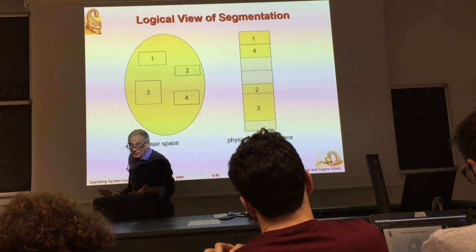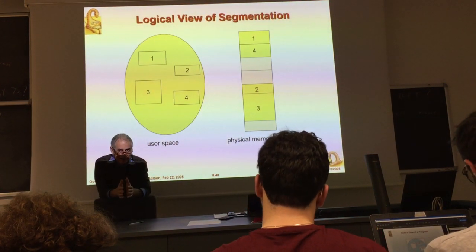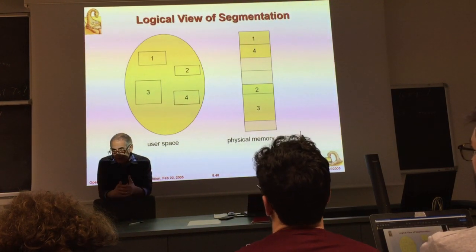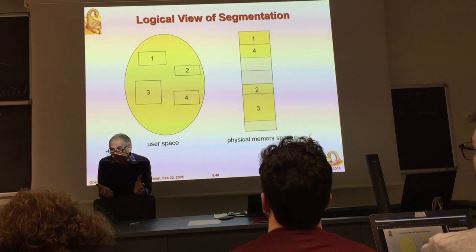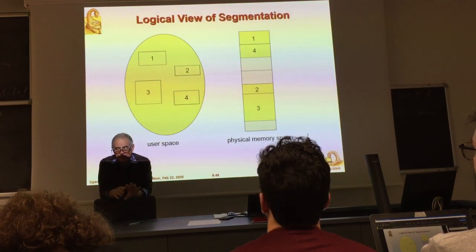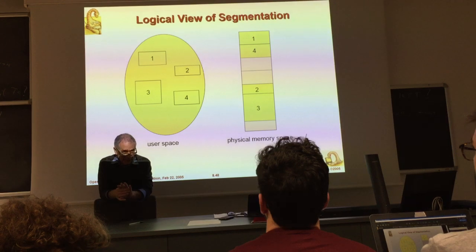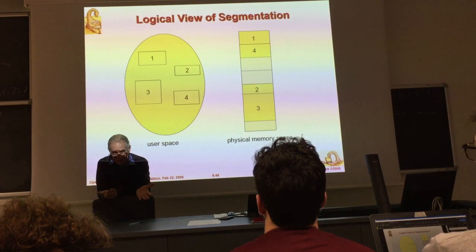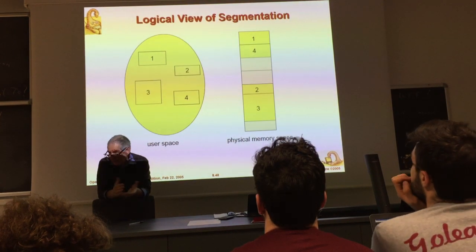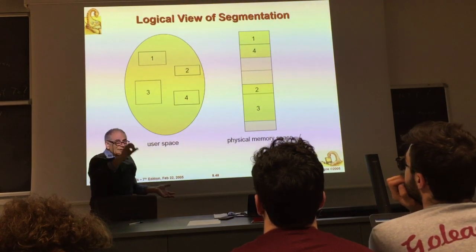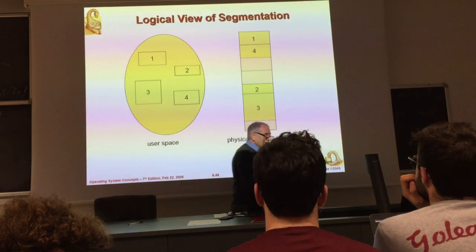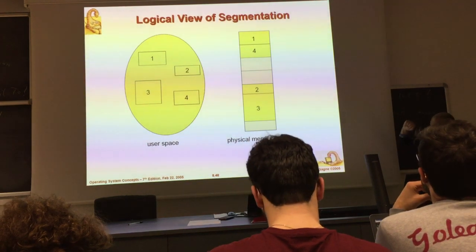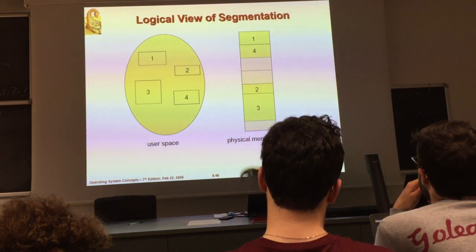But the problem is that the segments have a variable dimension, so you can spread segments of a program around memory, but the fragmentation is much more evident in this case, because you cannot simply fill the first frame that is free. You need to find contiguous memory for segment number 3.